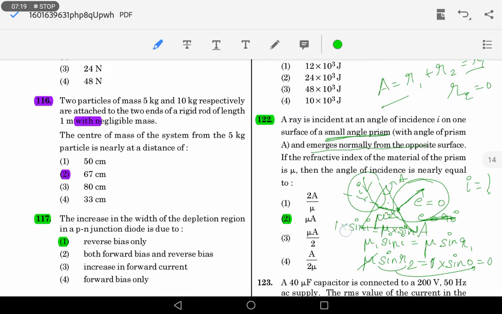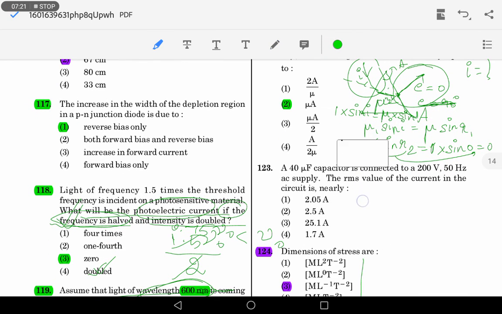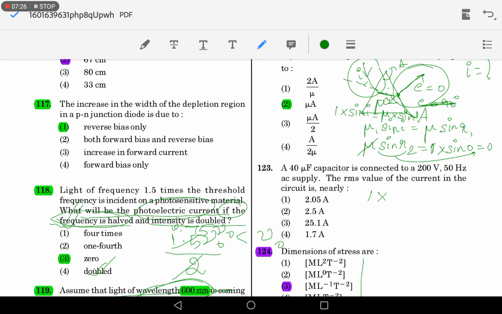So to be clear, I will write it over here for the first interface. The first medium involved is air. Light ray comes from air, making an angle of incidence I, sine I, which is equal to mu times sine R1. Since the angle made by the normal with the refracted ray is R1, I am taking R1 here.